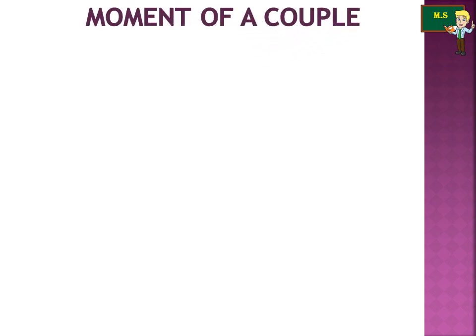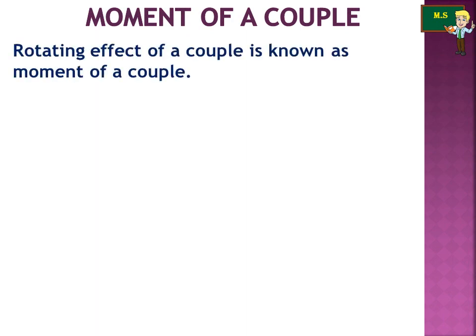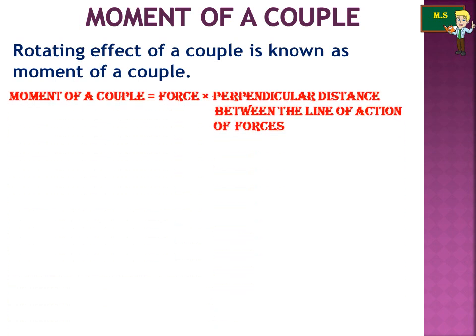Now moment of a couple. Rotating effect of a couple is known as moment of a couple. It is measured by the product of any one of the forces and the perpendicular distance between the line of action of the two forces.